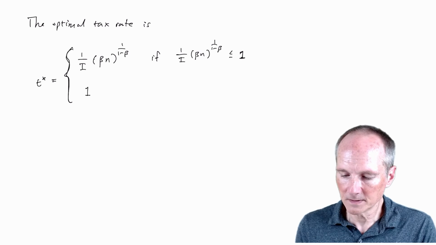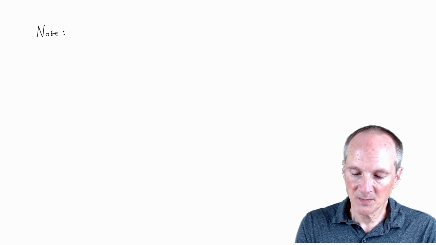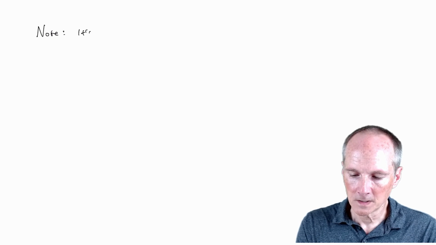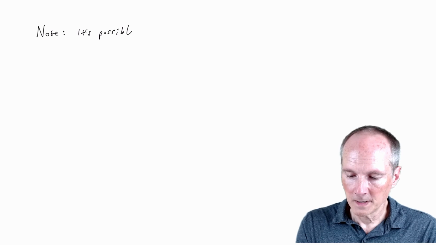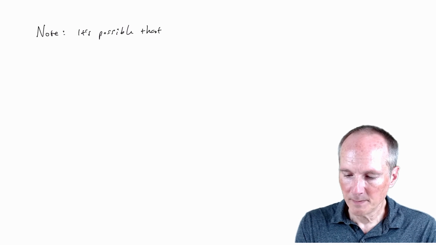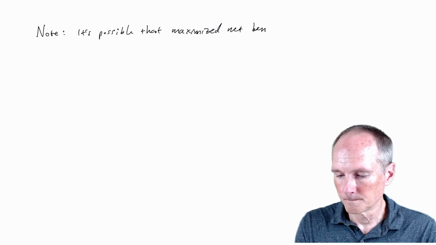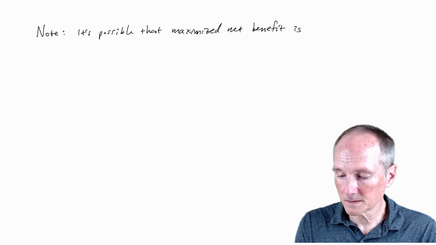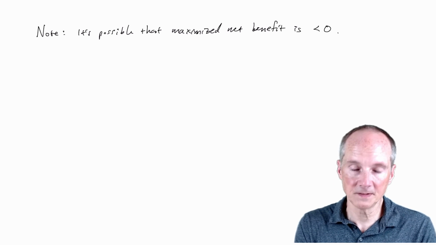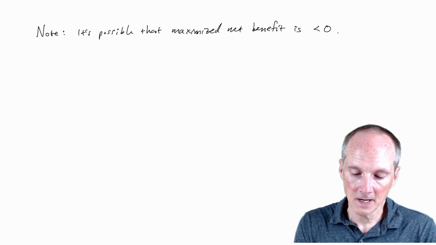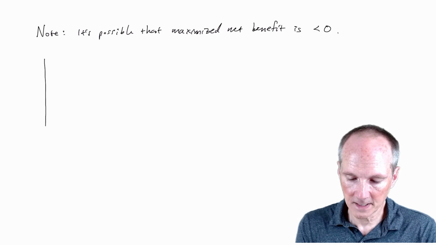Notice that the way we've set things up, it's actually possible that the maximized net benefit is less than 0, okay? There's nothing that we've assumed so far that rules this out.